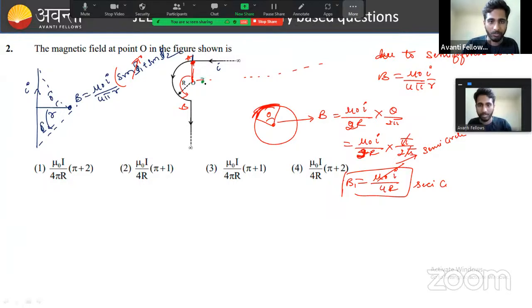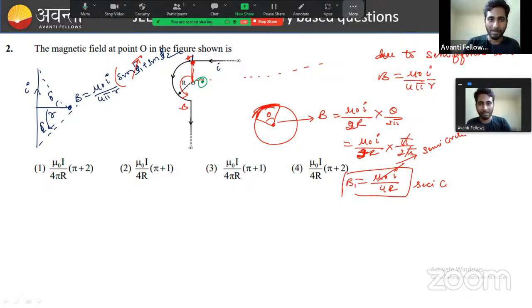Now, due to this semicircular ring, for the circular segment, we use the reverse. The curling fingers show the direction of current and the thumb shows the direction of magnetic field. If you put your right hand here and curl it in the direction of current, the thumb shows the outward direction of the plane.